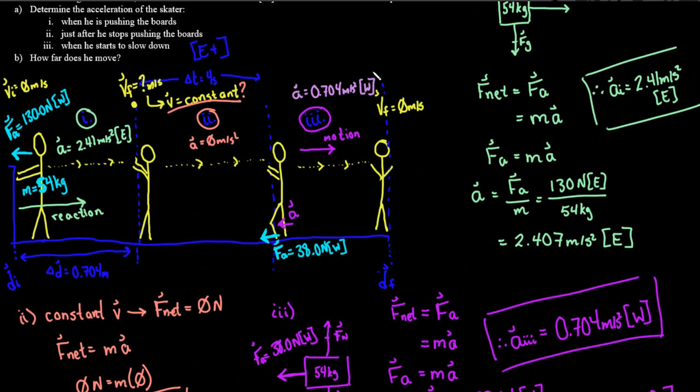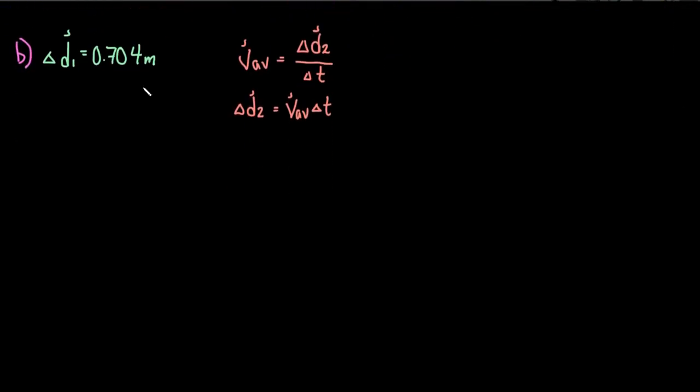Okay, so we're going to go back and look at situation 1. We have initial velocity, we have acceleration, we have displacement, and we want final velocity. So the kinematics equation that we are going to choose in this situation says that the final velocity squared is equal to the initial velocity squared plus 2 times the acceleration times the displacement. Okay, remember, we don't have an initial velocity.